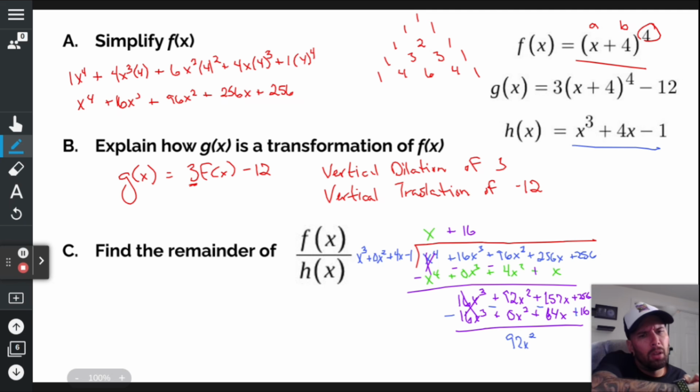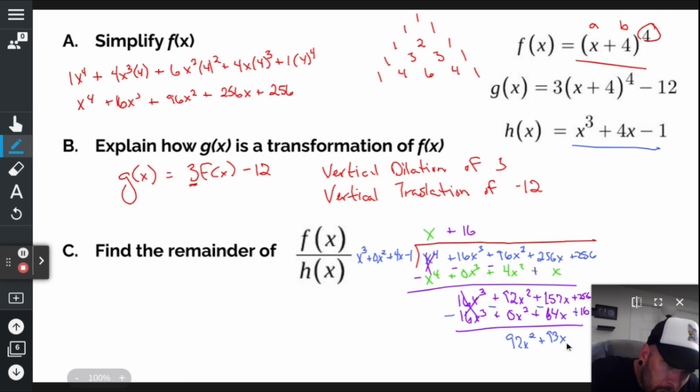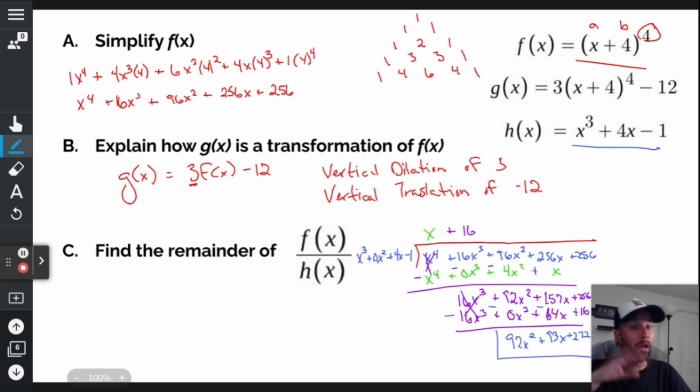Let me just make sure. 157 minus 64. It's 93. See, that's why I check. And then this should be 272. So that guy right there is my remainder.